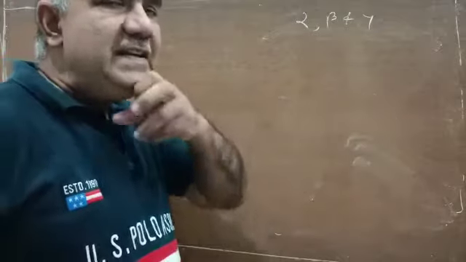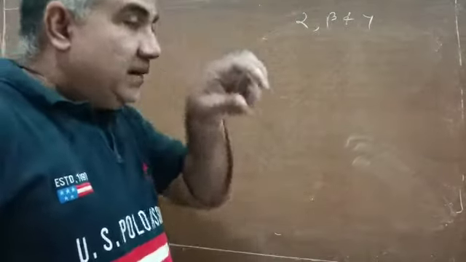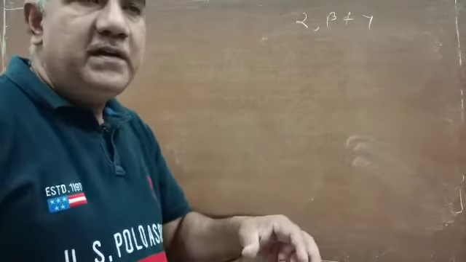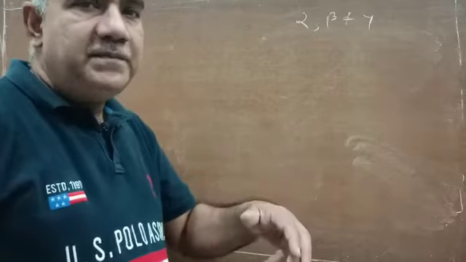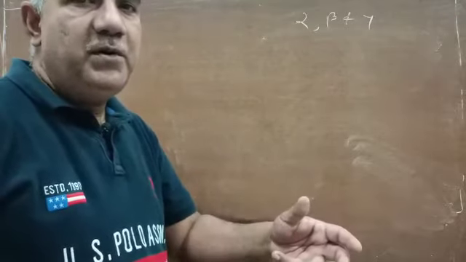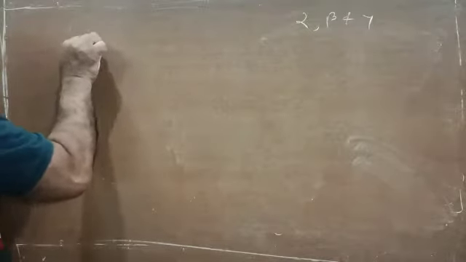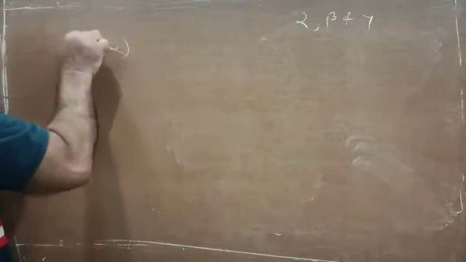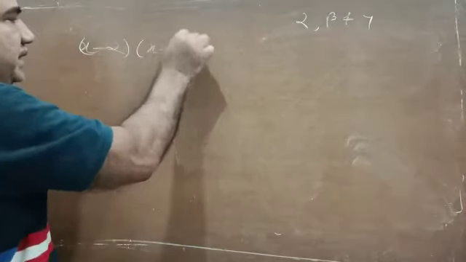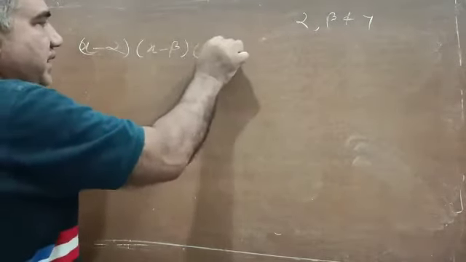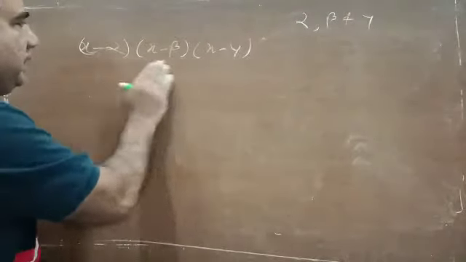we have seen it in the class when we were discussing the quadratic polynomial. There, if the zero is subtracted from the variable, then we get a factor of the polynomial. So here, for all three, if I write x minus alpha, x minus beta, and x minus gamma, these will be the factors.